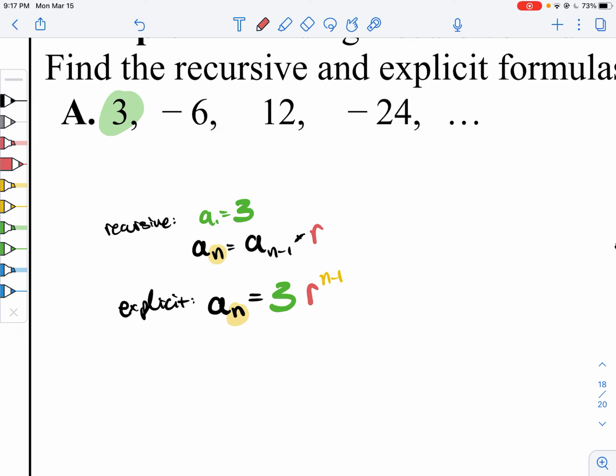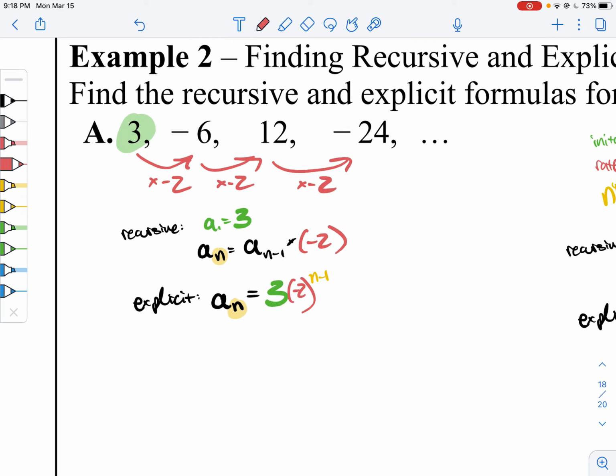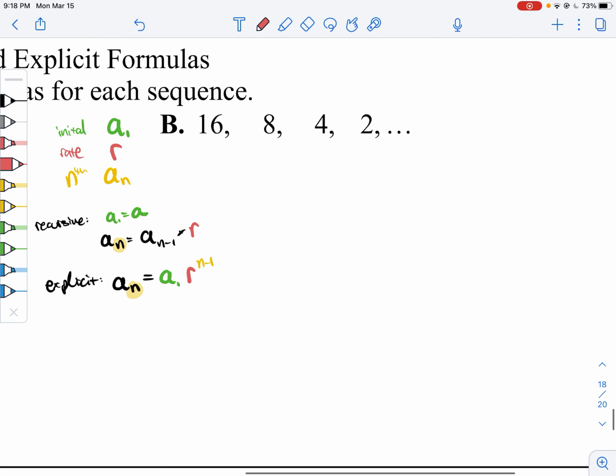Cool. What is our rate? Well, here we multiply times -2 times -2 times -2. So every time we have r, that's a -2. Oh, look, we're done. Next one.